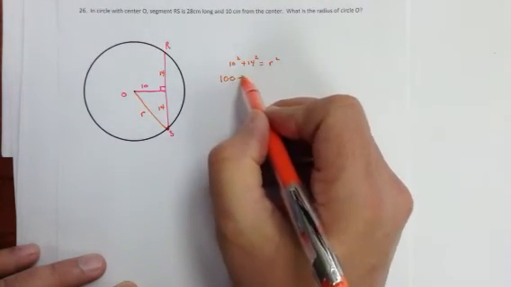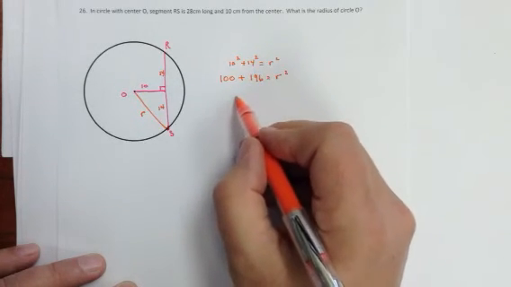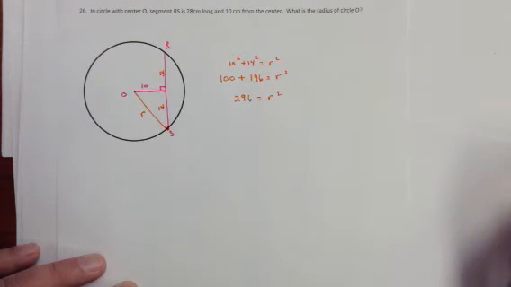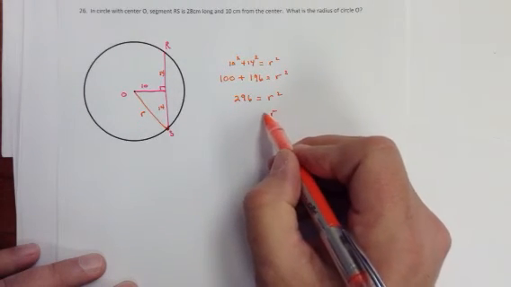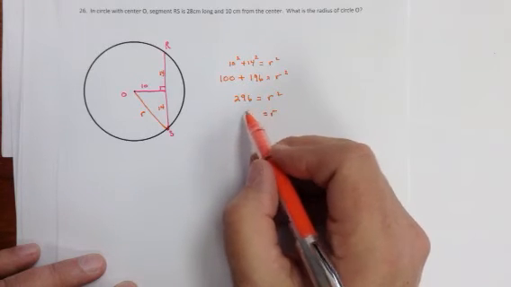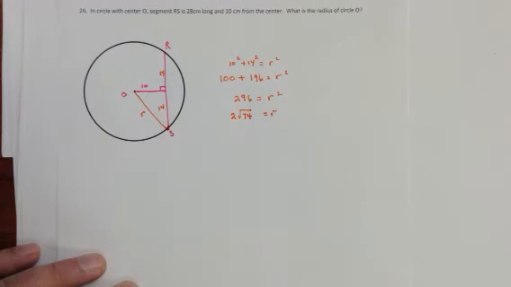So 100 plus 196 equals r squared. 296 equals r squared. Be prepared to answer this as an exact value. 296 is 4 times 74, so 2 radical 74. Once again, you're going to need to be able to draw the picture to answer this question on Monday's test.